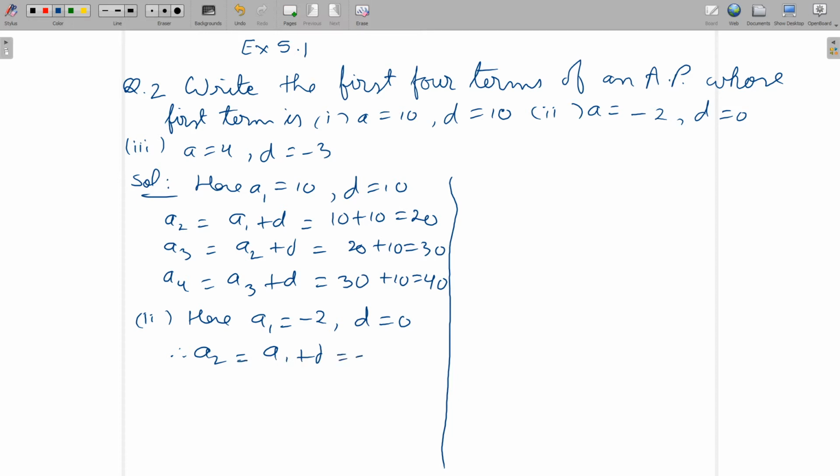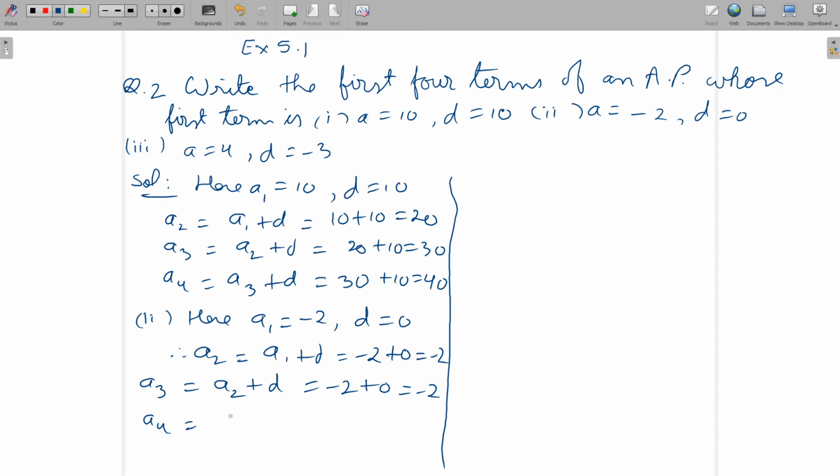So A2 is minus 2 plus 0, that is minus 2. Next one, A3. A3 is equal to the second term plus D, that is A2 plus D. A2 is minus 2 and D is 0, so minus 2 plus 0, that is minus 2.